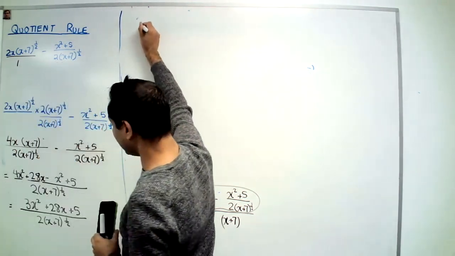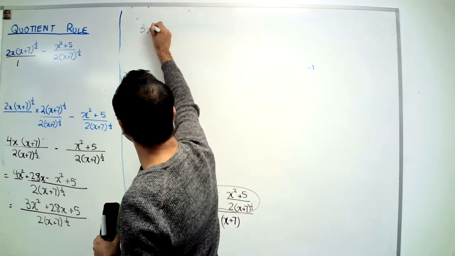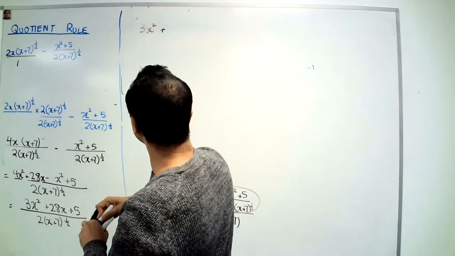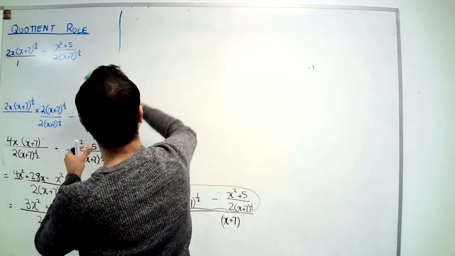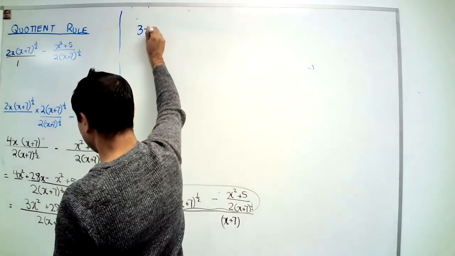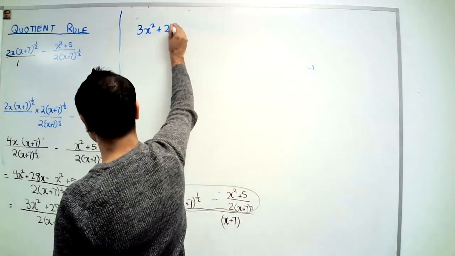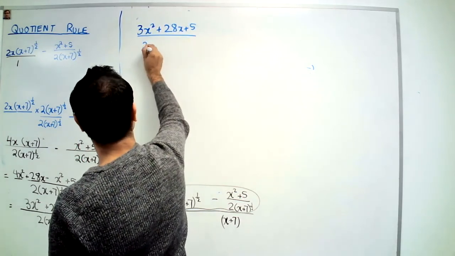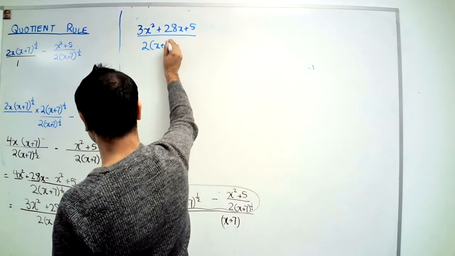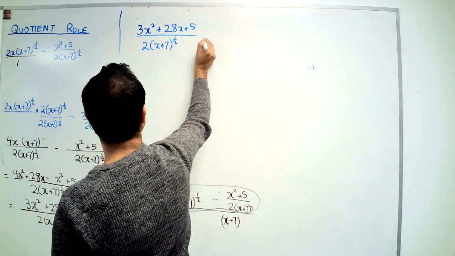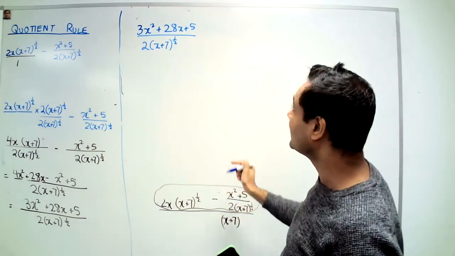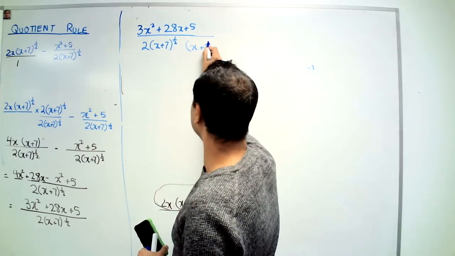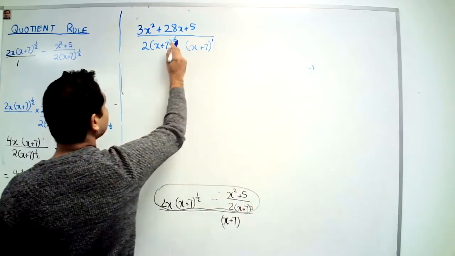So if I got 3x² + 28x + 5 divided by 2(x + 7)^(1/2), divided by this thing, I need to put that underneath here as well. x + 7, and that's the 1, and this is half.